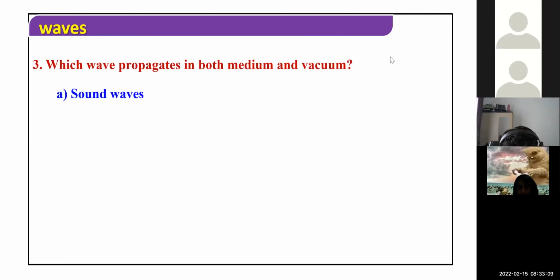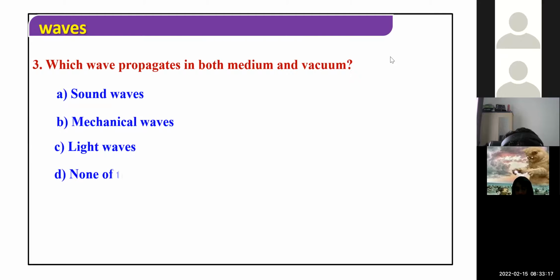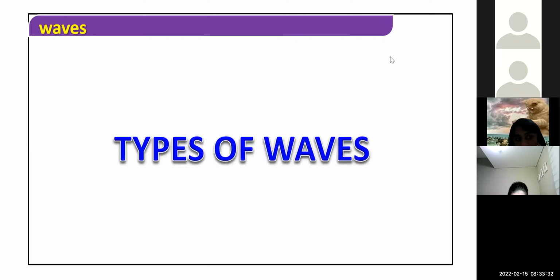And the last question: which wave propagates in both medium and vacuum? Sound, mechanical waves, light waves, none of these. Light waves. Yeah, children, this is light waves. Light waves can move through a medium as well as through vacuum.